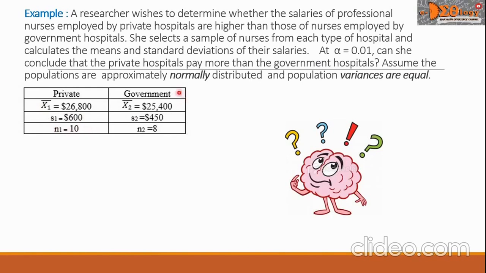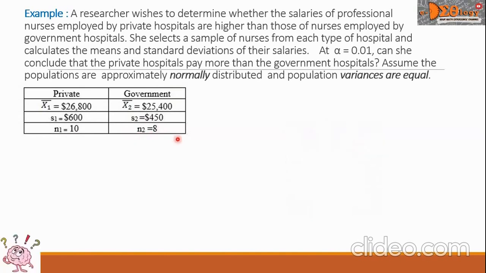For the government hospitals, the mean, or X bar sub 2, is equal to $25,400. The S2 is the standard deviation, and this is equal to $450. N sub 2 is the number of samples, that is equal to 8.